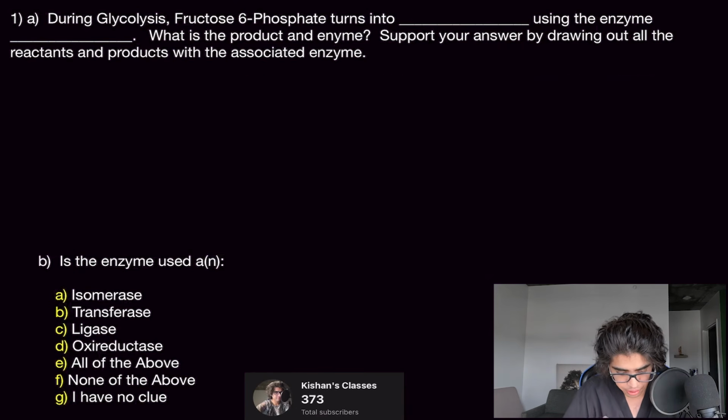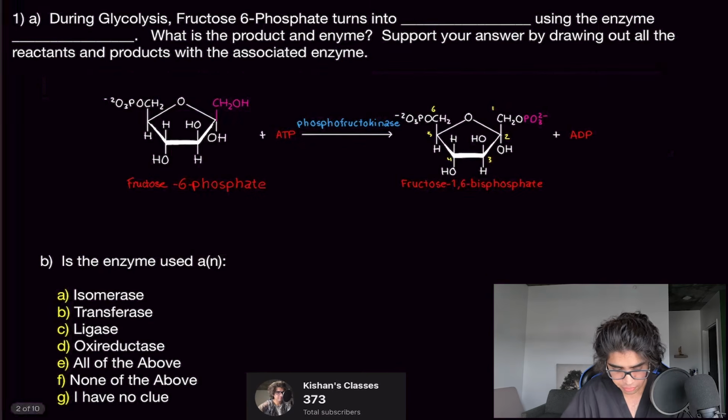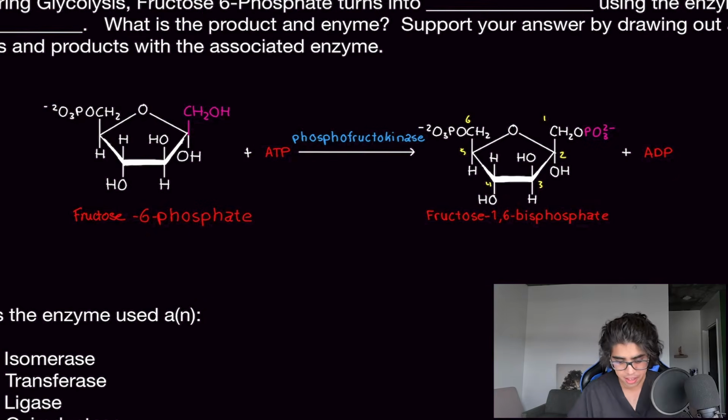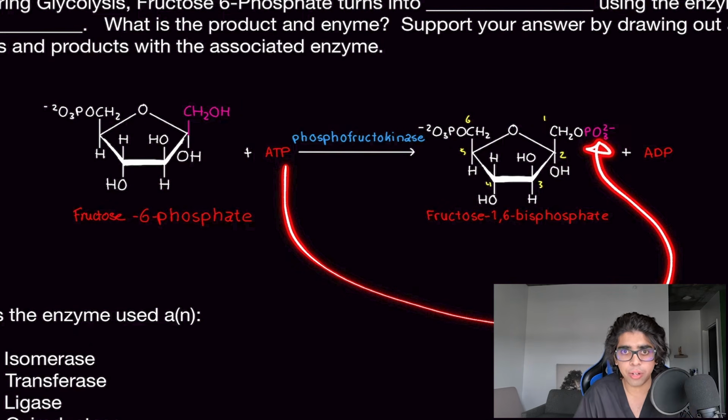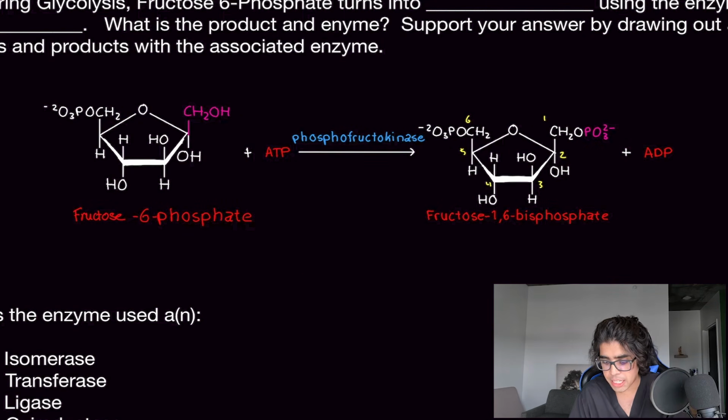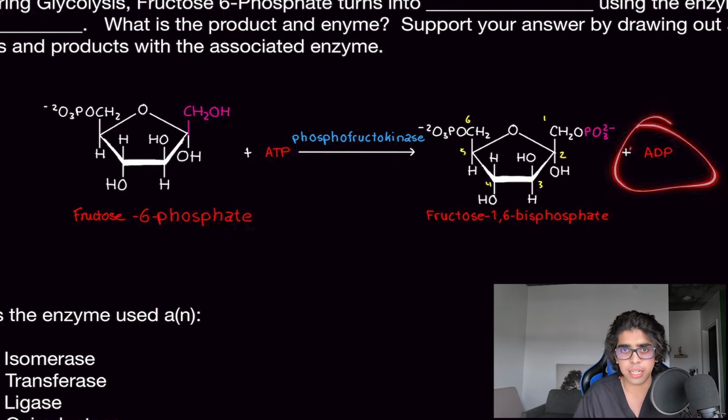So, here it is right here. Fructose 6-phosphate. We take the ATP, we strip off the phosphate group from it, and it joins carbon number 1. The phosphate group joins to carbon number 1, and we're left with ADP, and the enzyme is phosphofructokinase that does this.